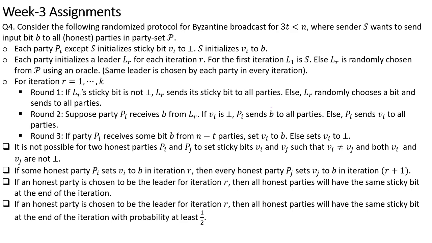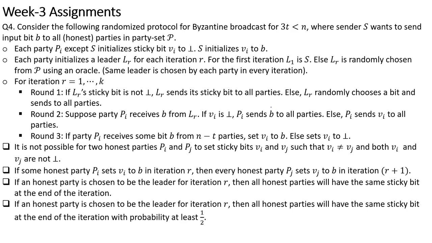Then for iteration r equal to 1 to k, there are k iterations and each iteration has 3 rounds. Round 1 says that if Lr's sticky bit is not bot, then the leader sends its sticky bit to all parties. Otherwise the leader randomly chooses a bit and sends it to all parties.